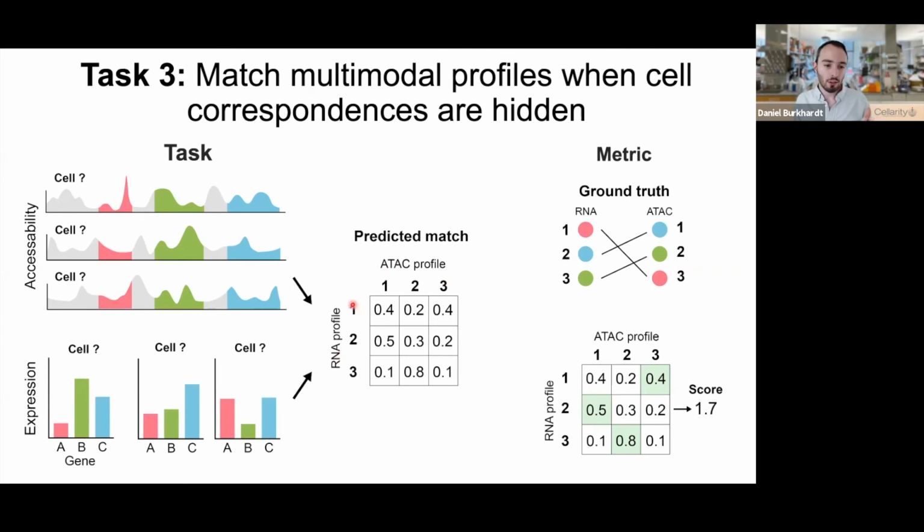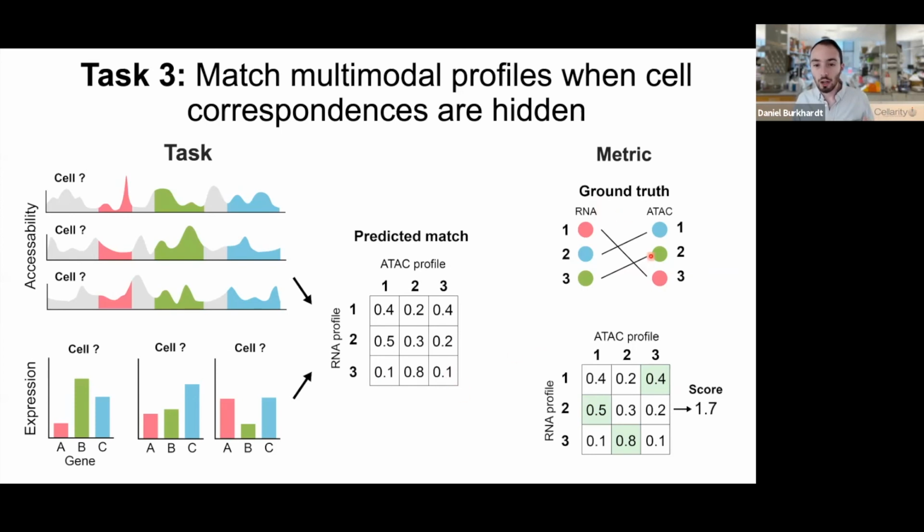Here I'm showing RNA to ATAC prediction. The idea is that for some RNA profile 1, which is just a shuffled representation of the data, you might say, I have a certainty of 0.4 that this matches ATAC profile 1, and a certainty of 0.2, so I'm less confident, that it's this second profile, and I'm about equally confident it's the third. You can do this matching across all of the profiles, such that the predictions sum to 1.